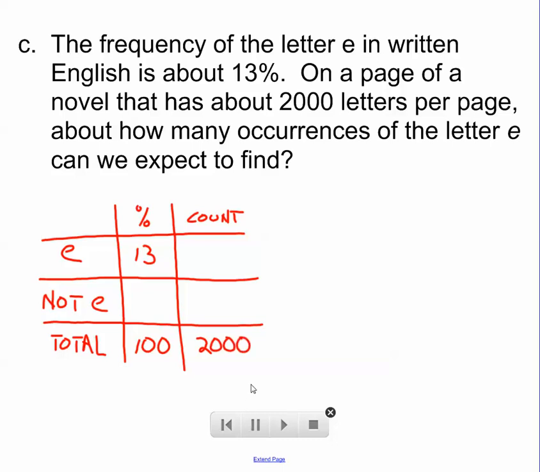And what are we trying to find? How many occurrences of the letter E can we expect to find? That is this segment right here. So one more time, we are not using this middle column right now. We're going to use it eventually, just not yet.